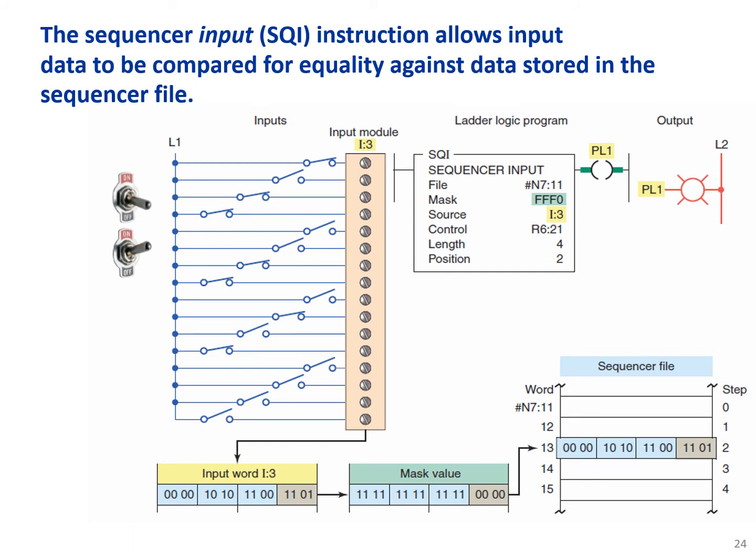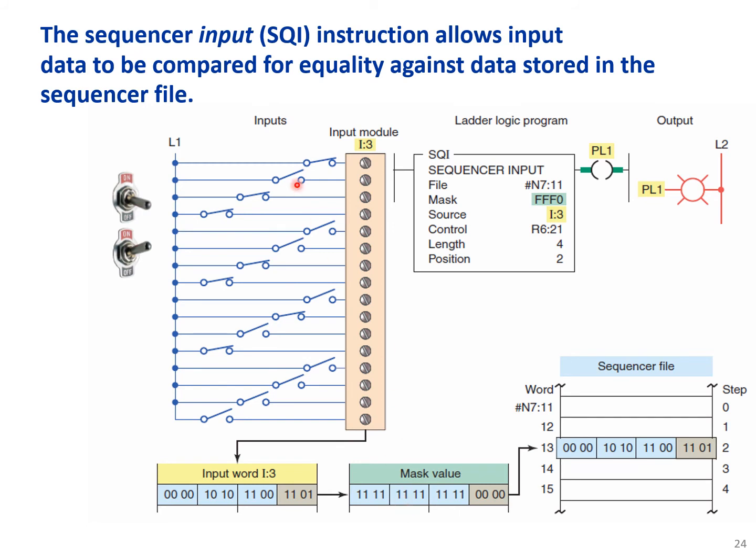The sequencer input SQI instruction allows input data to be compared for equality against data stored in the sequencer file. Okay, so this is another instruction. So far, we've been discussing SQO. Now we are moving to another instruction, which is SQI.